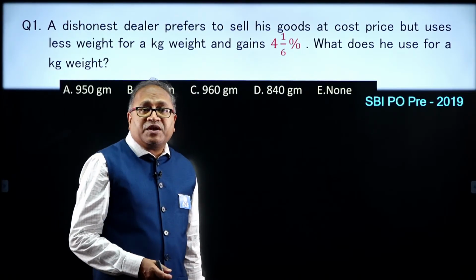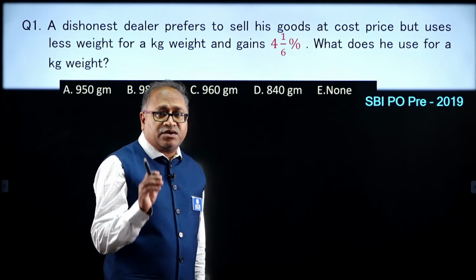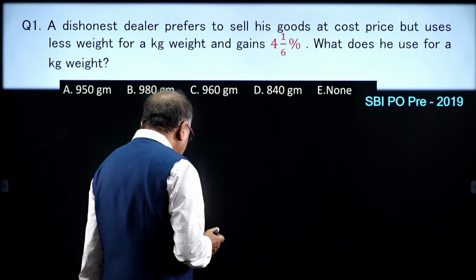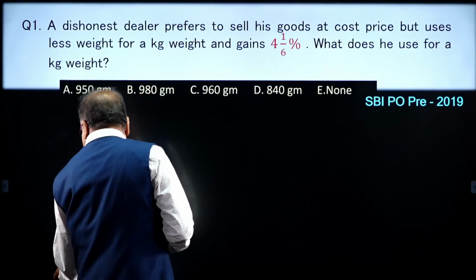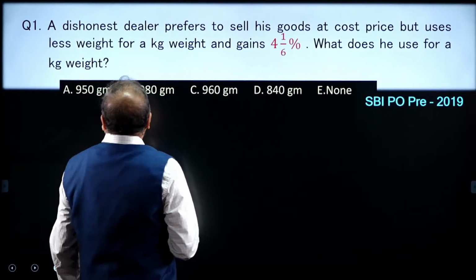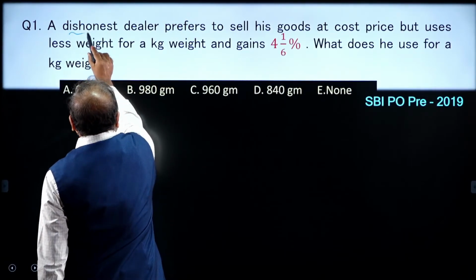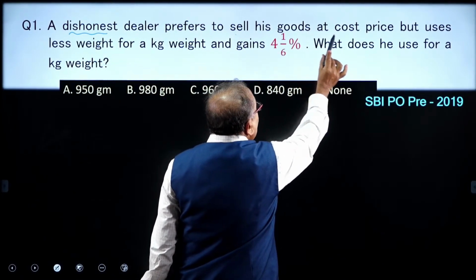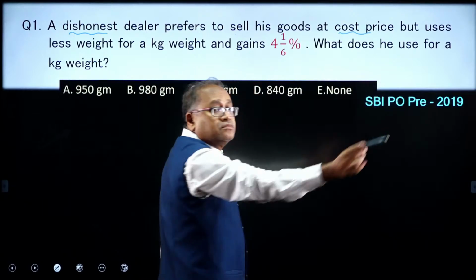What is there in this particular question, and then I will give a few seconds for you to answer. The question says: a dishonest dealer preferred to sell his goods at cost price.